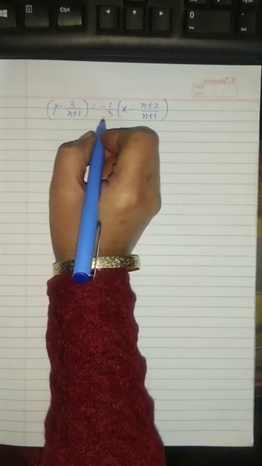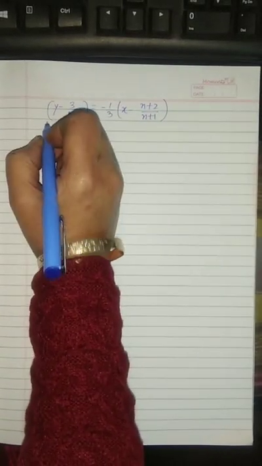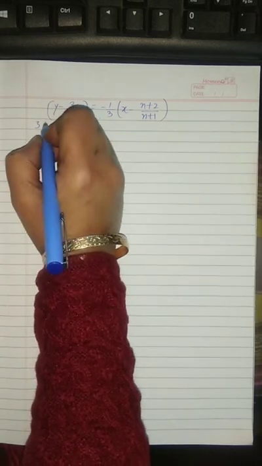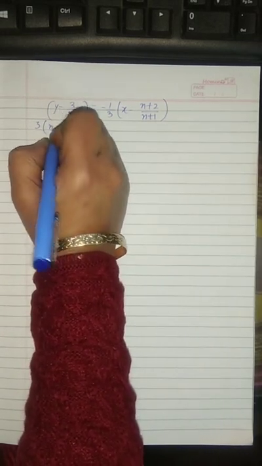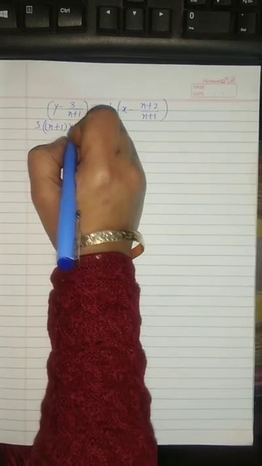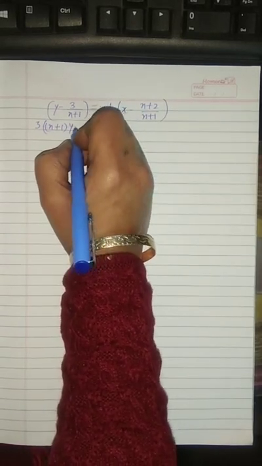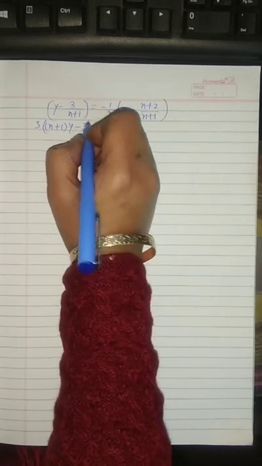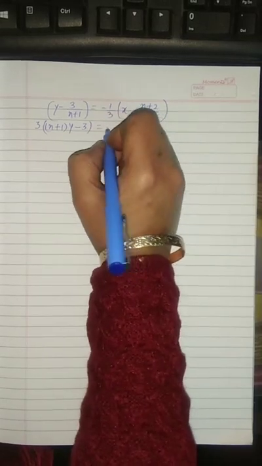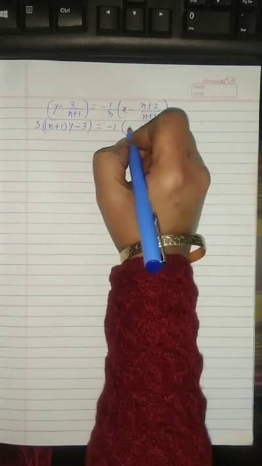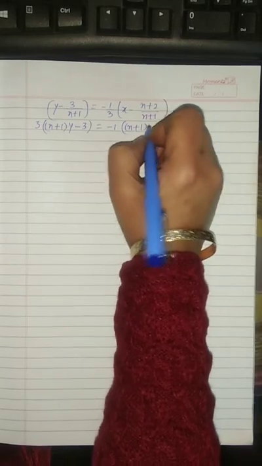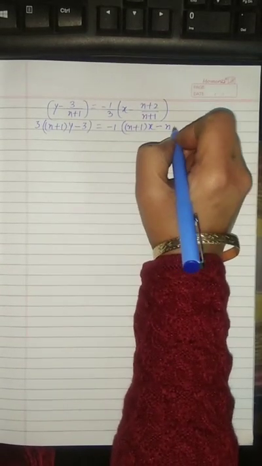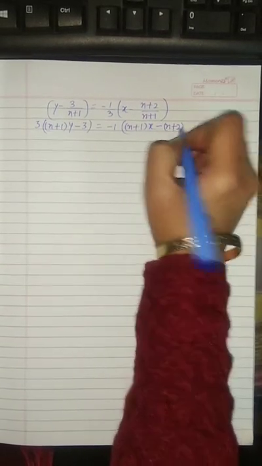So we will cross multiply, taking the LCM on both sides, and we will get (n plus 1) y minus 3 is equal to minus 1 times ((n plus 1) x minus (n plus 2)).